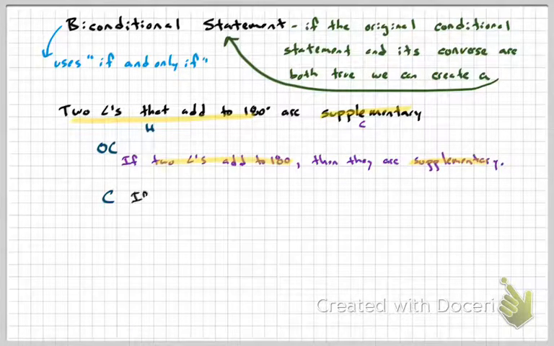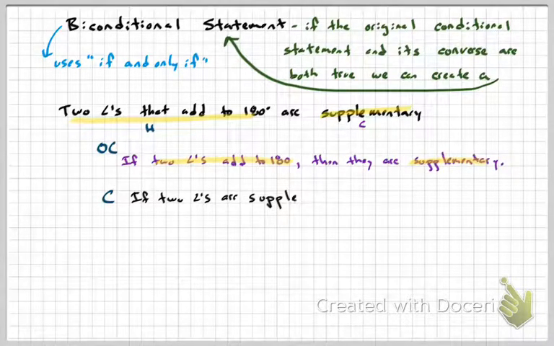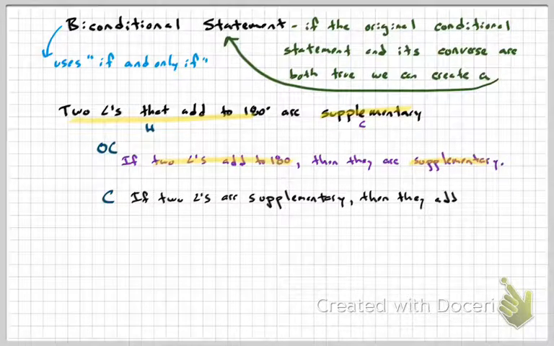So if two angles are supplementary, now that doesn't happen all the time. There are just special occasions where you maybe have to keep part of that hypothesis just for it to make sense in the English language, right? So if two angles are supplementary, then they add to 180.